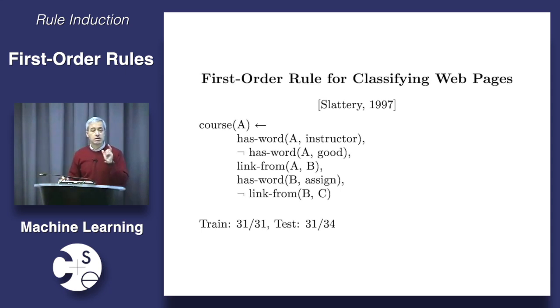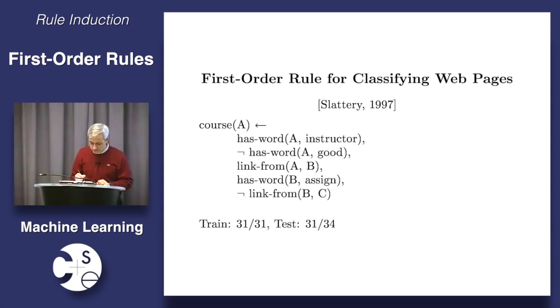Okay? So I'm trying to figure out if a web page is the web page of a course or of something else, right? And now what we're going to do is rule induction. We already know how to do rule induction. We're going to try to form a rule that predicts that something is a course page using properties of the page. Okay? So this is the single most accurate rule for predicting courses that came out of the system, and let's see what it had.